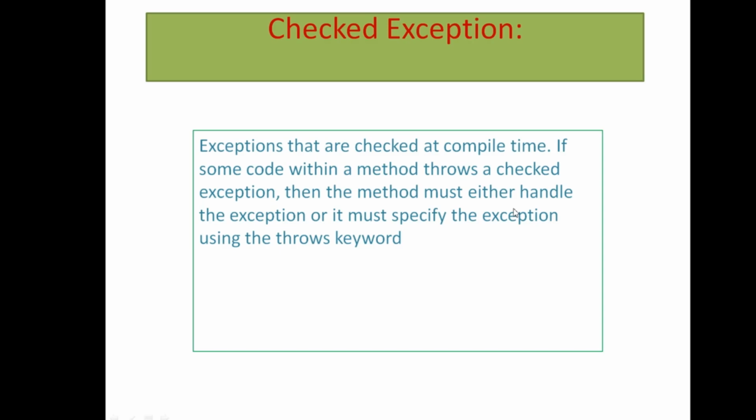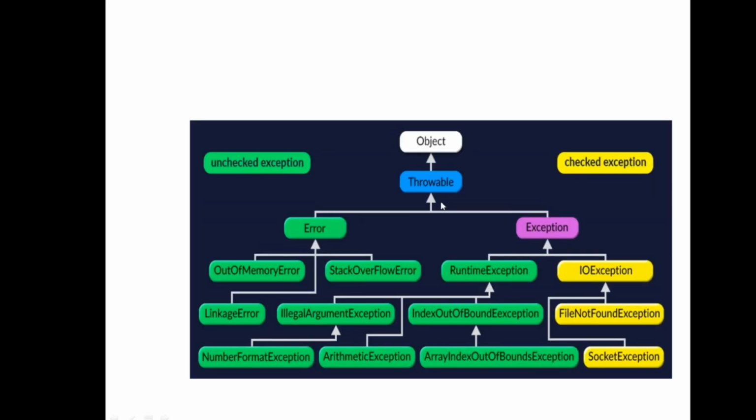Before proceeding, let's check the diagram, the architecture of exceptions. As you can see here, the topmost class is the Object class, and this is the parent class of all classes in Java.